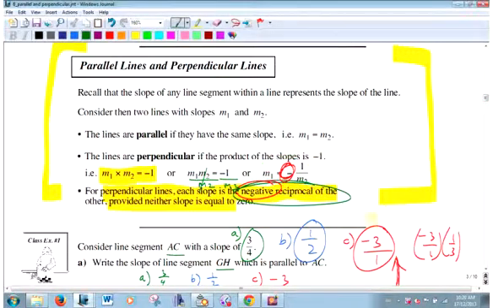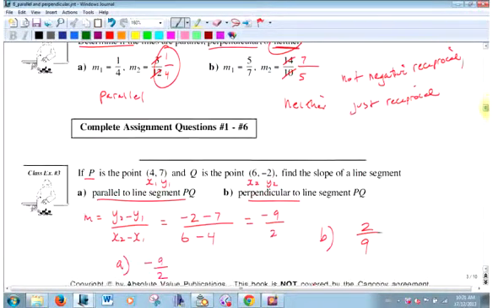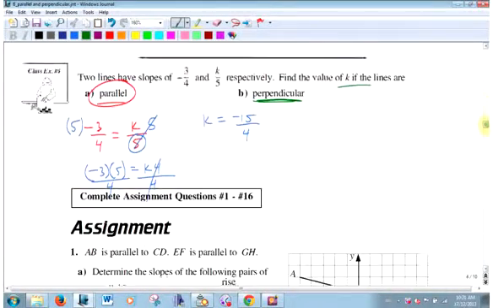What else do we know? The product of the slopes is minus 1. If I multiply these together, if they're perpendicular, then what does that equal? Minus 1. That's a lot easier than trying to think about how to make the negative reciprocal work. Just multiply it out.